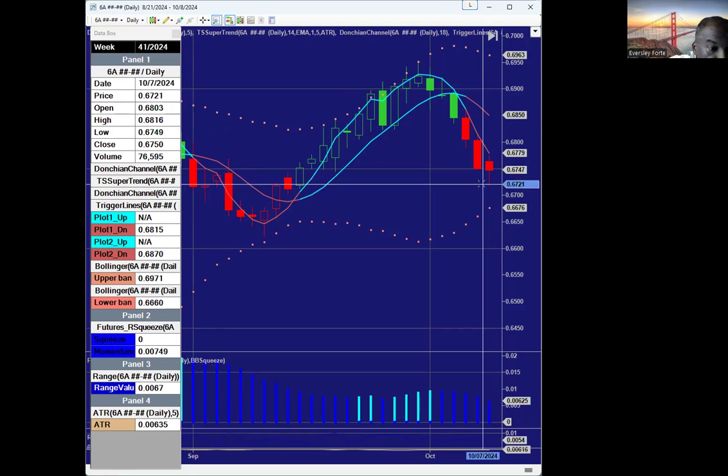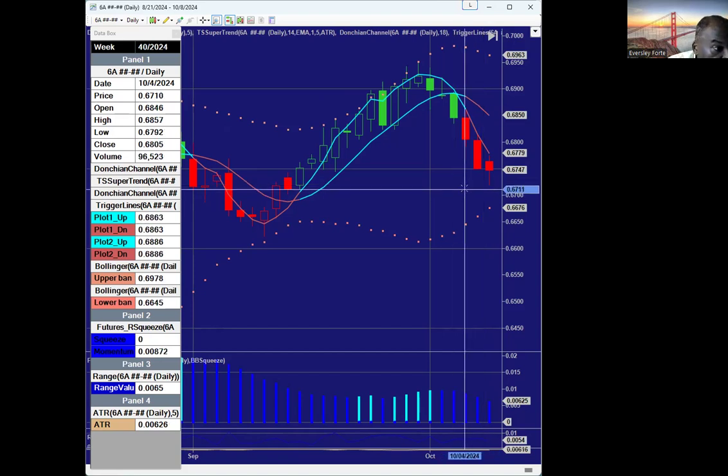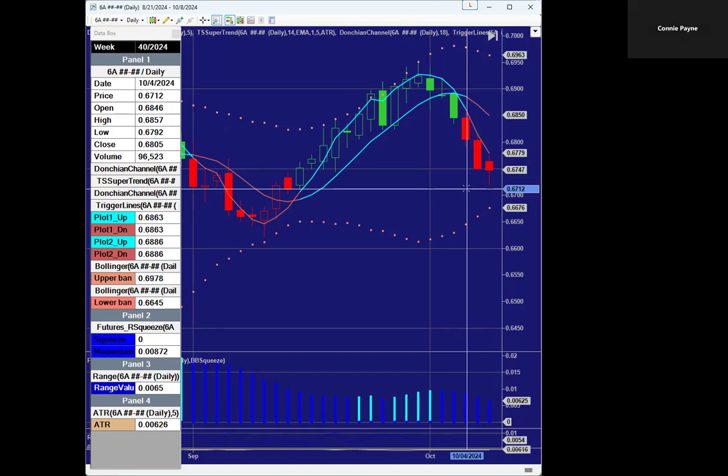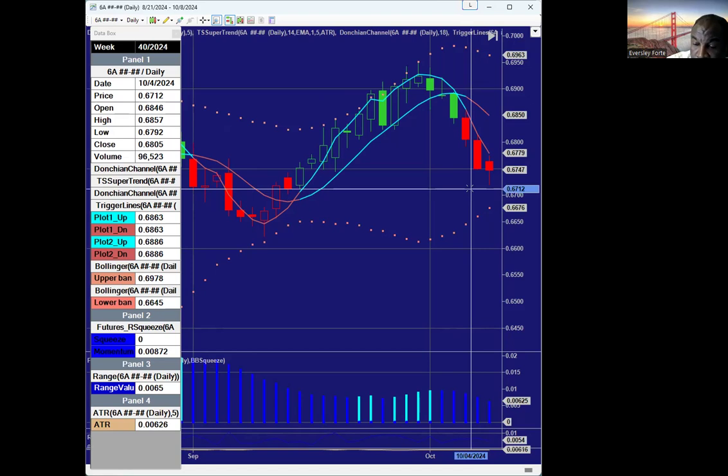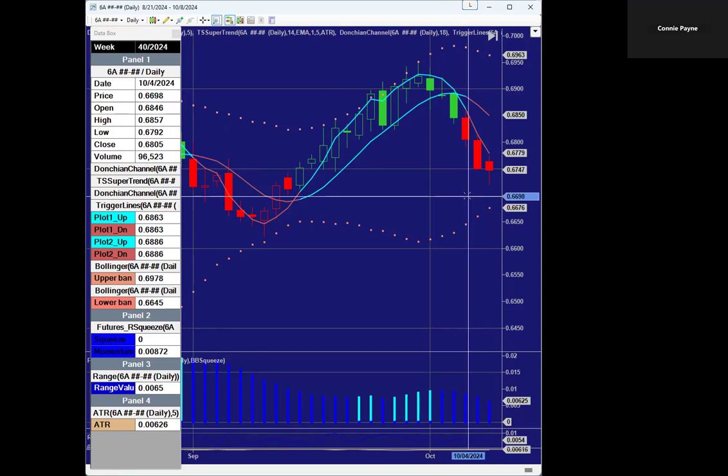That is a 45% return on our money. Remember, our first target was 54 ticks, right? What's 54 times 4? 216.